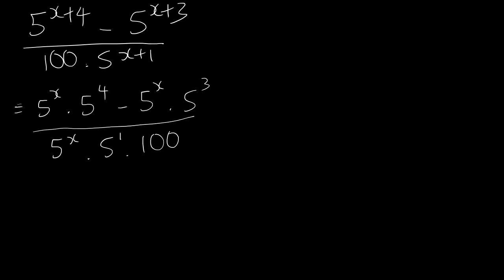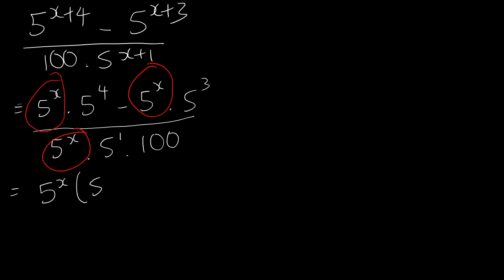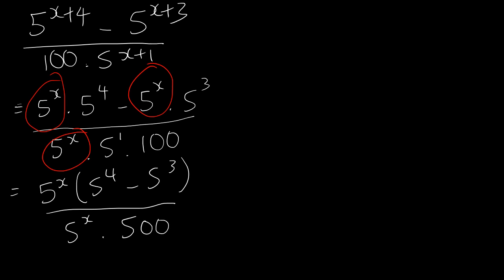Now we can clearly see that we have the 5^x that's common at the top, and it's also at the bottom, so we know some cancellation will take place. So let's pull this 5^x out. So we have 5^x times 5^4 minus 5^3, all over 5^x, and this would be 5 to the 1 times 100, which would be 500.